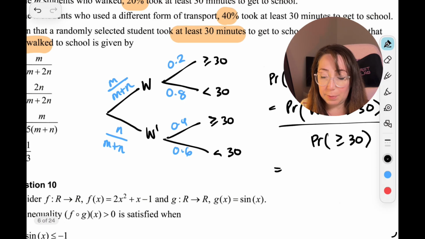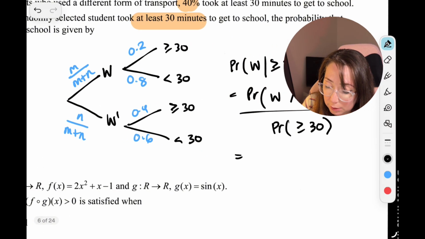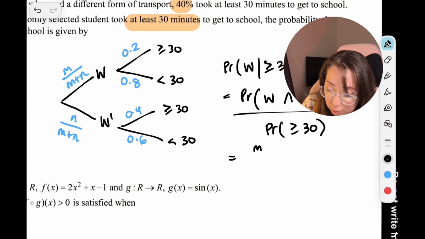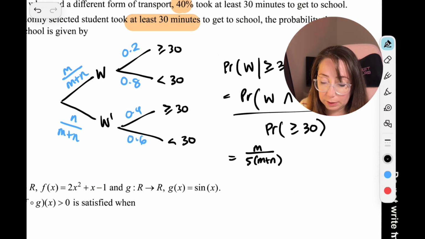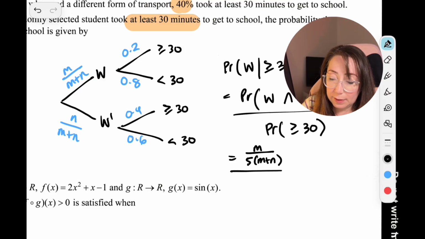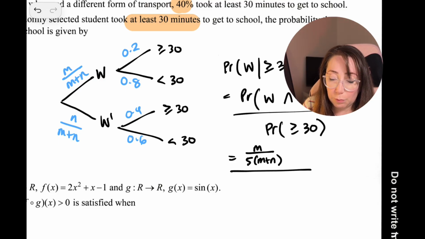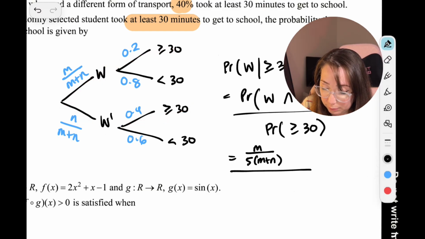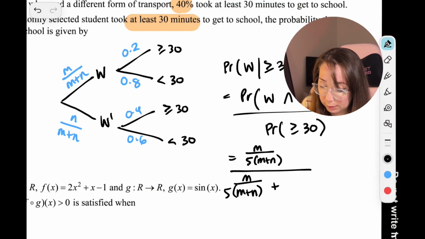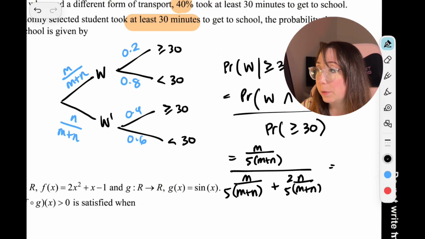So 0.2 is 1/5, so that'll be m on m plus n, that's 1/5 times the probability of w. Over, and now the probability that they took 30 minutes regardless of whether they walked or didn't. So that's those two branches added together. So that's m on m plus n multiplied by 1/5 plus n on m plus n multiplied by 0.4, which is the same as 2/5.